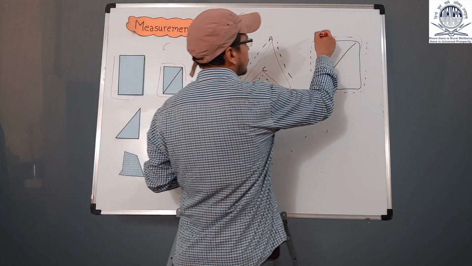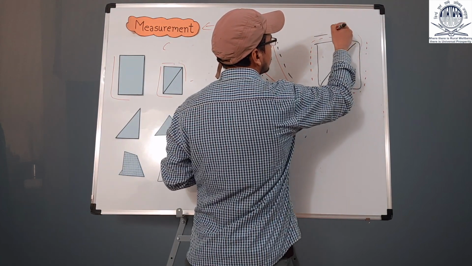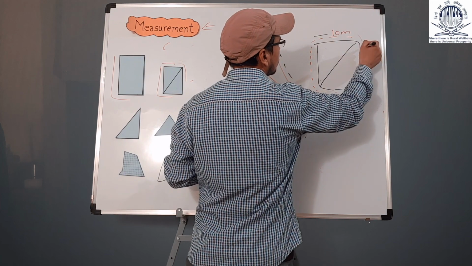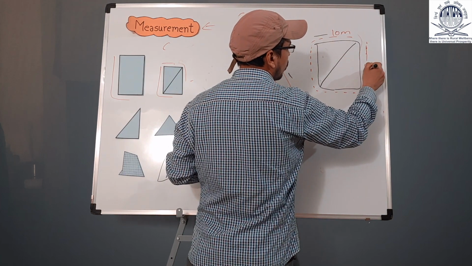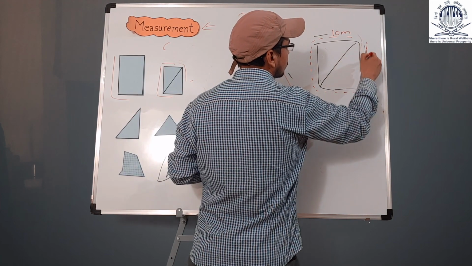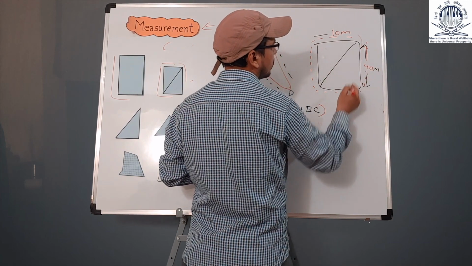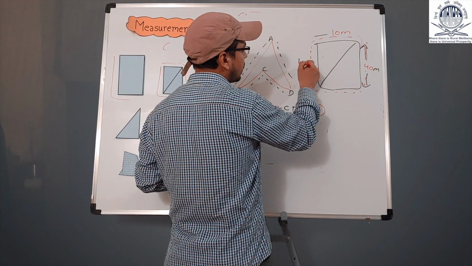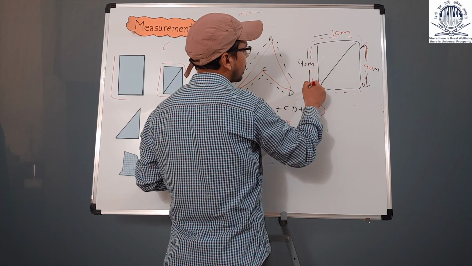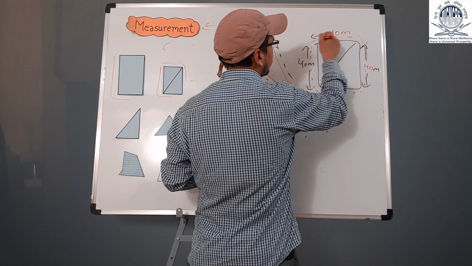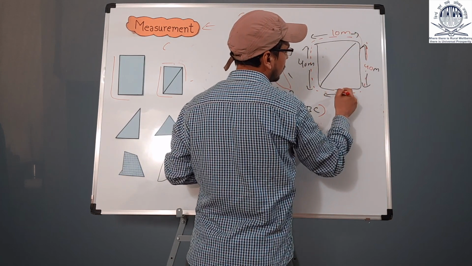So again, let's say this is 10 meters and this is 40 meters. From here till here, the opposite will be the same since it's a rectangle, 40 meters, and this will be 10 meters.